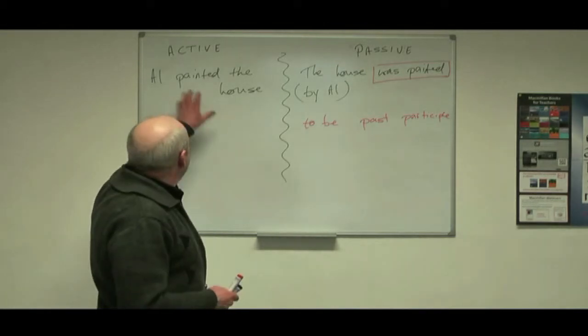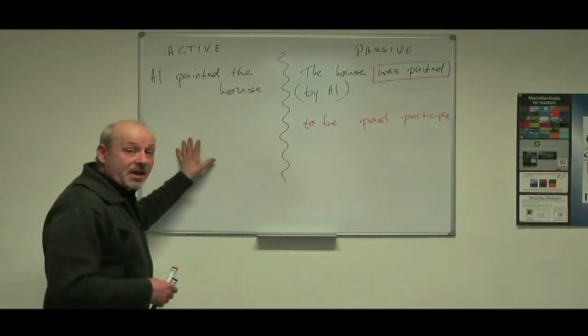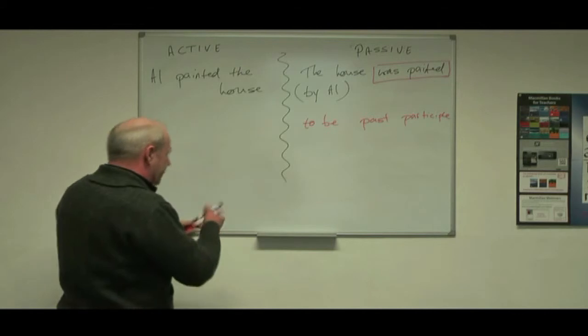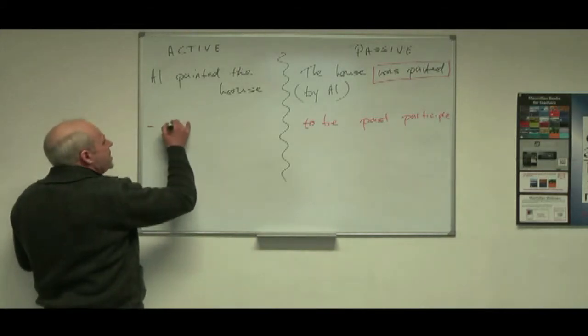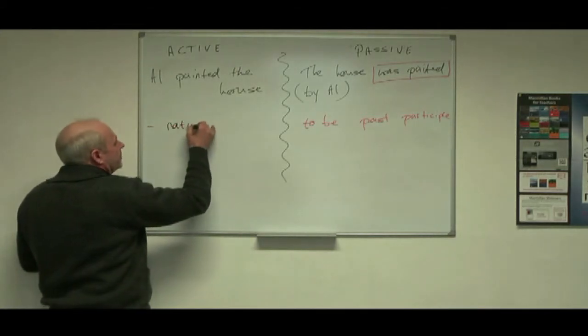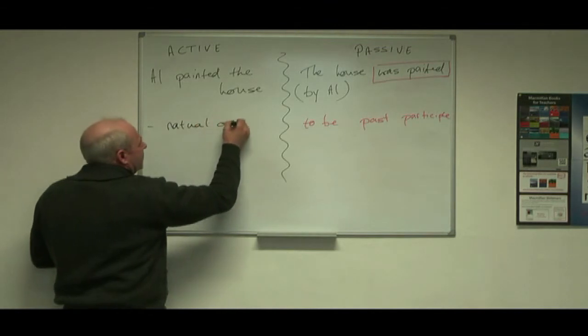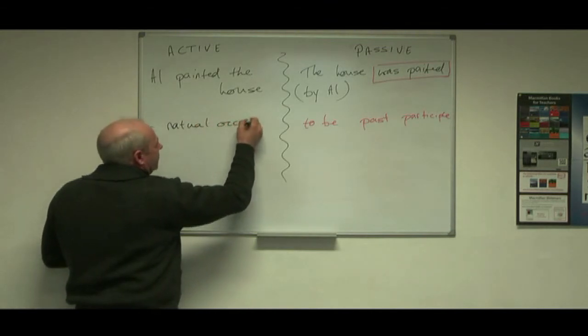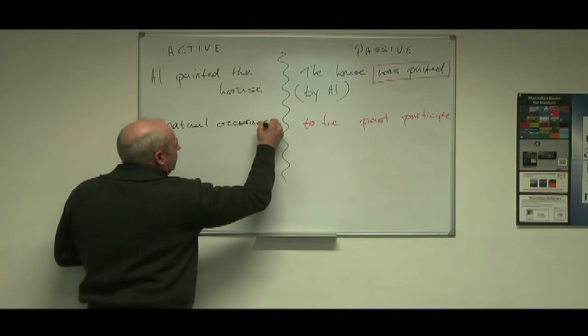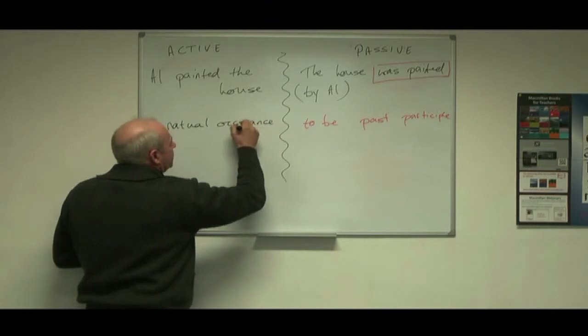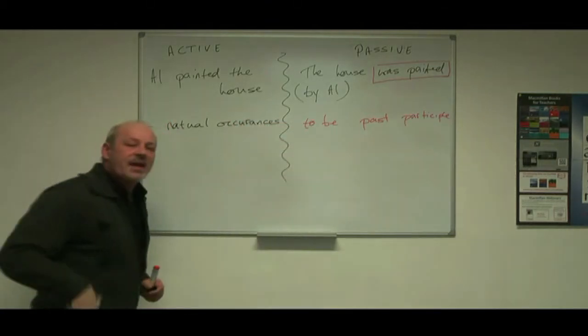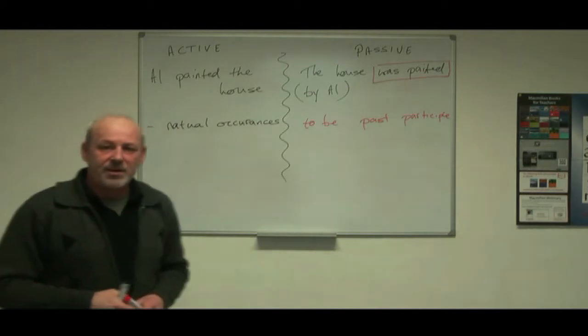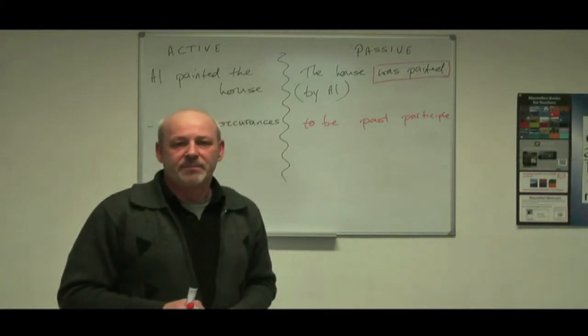Now, especially for IELTS students, active sentences refer to natural occurrences. Things that happen naturally. For example, it rained.